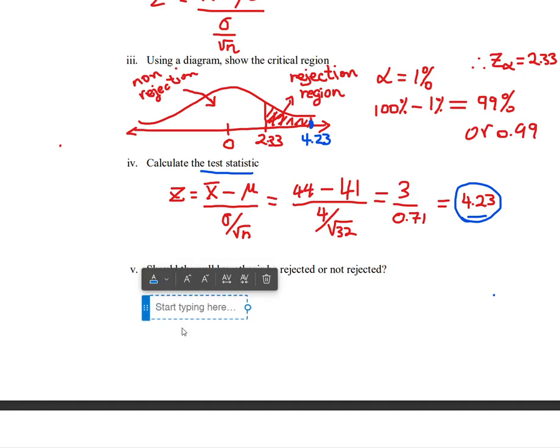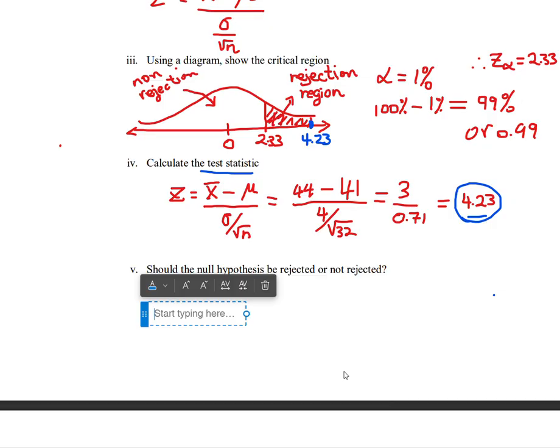So the final question here is, should the null hypothesis be rejected or not rejected? At all times, guys, you need to remember that when you carry out a hypothesis test, the conclusion that you're going to come up with is a conclusion regarding whether to either reject or not reject the null hypothesis. The conclusion is always first and foremost expressed in relation to the null hypothesis.